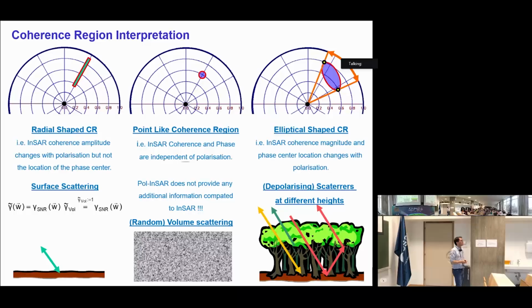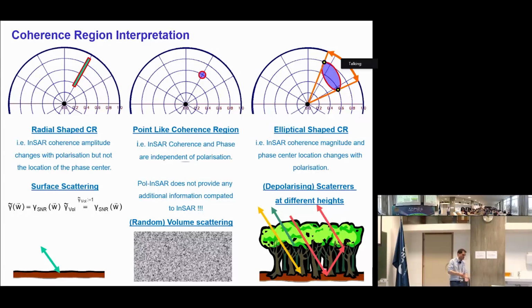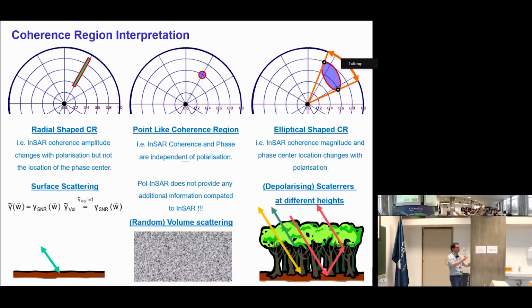But now, if you'd like to change reflectivity, what do you change? You change the frequency, exactly. So you move from an L band to a P band or to an X band, and therefore you go up and down in height, and in this way you attenuate different scattering contributions. Good.